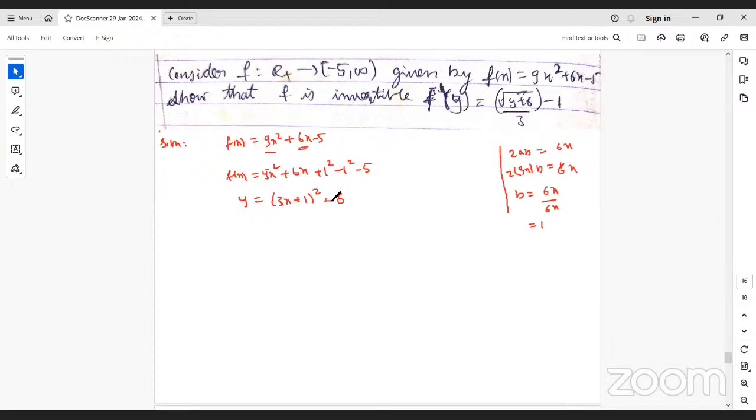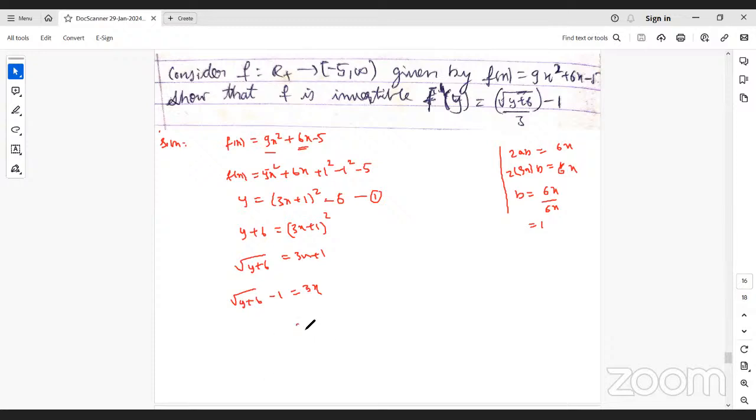And this function we need to convert in the form of x. So we get y plus 6 is equal to 3x plus 1 whole square, or 3x plus 1 is equal to root of y plus 6, or root of y plus 6 minus 1 will be equal to 3x.